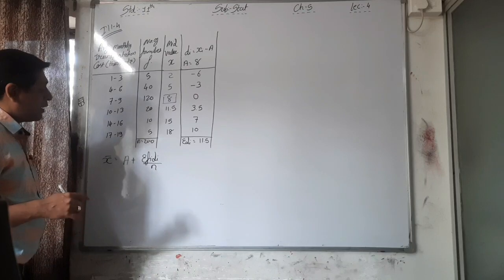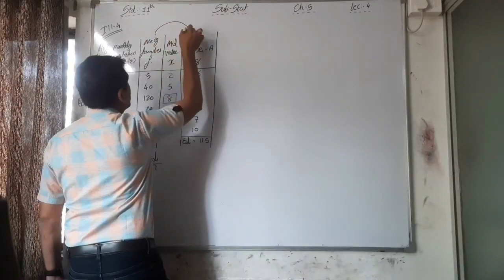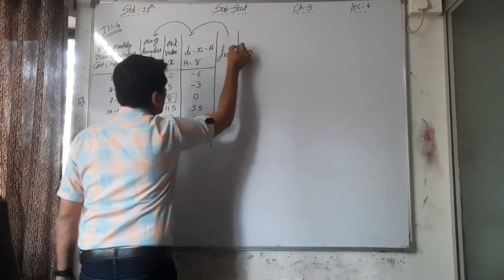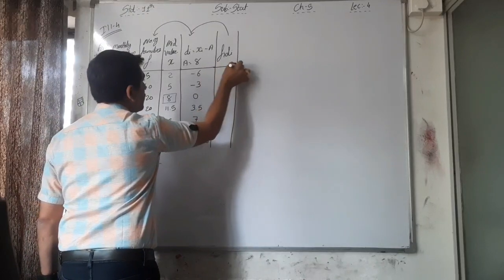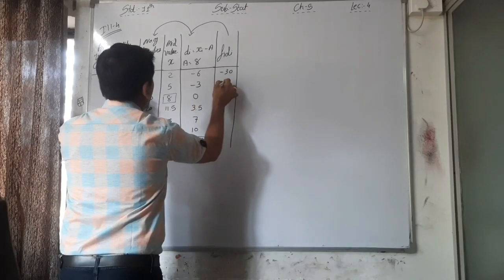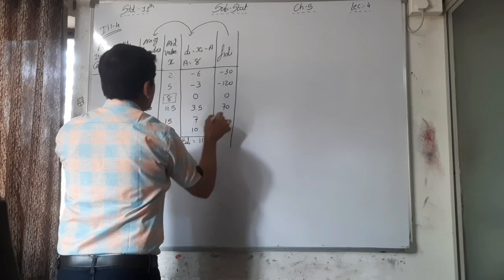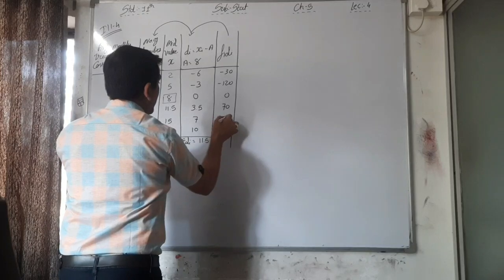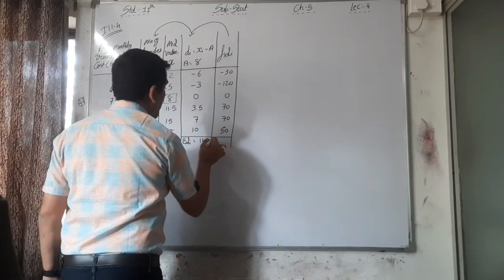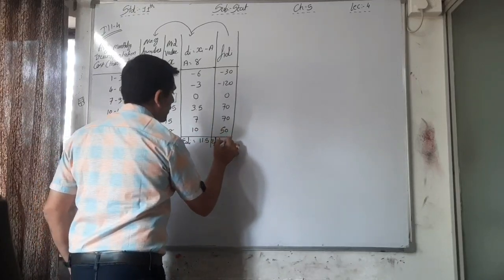That's why we are not using into C. So fidi, multiplication of these two: 5 into 6, minus 30, 40 into 3, minus 120, then 0, 20 into 3.5, 70, 10 into 7, 70, 10 into 5, 50. So sigma fidi is equal to 40.